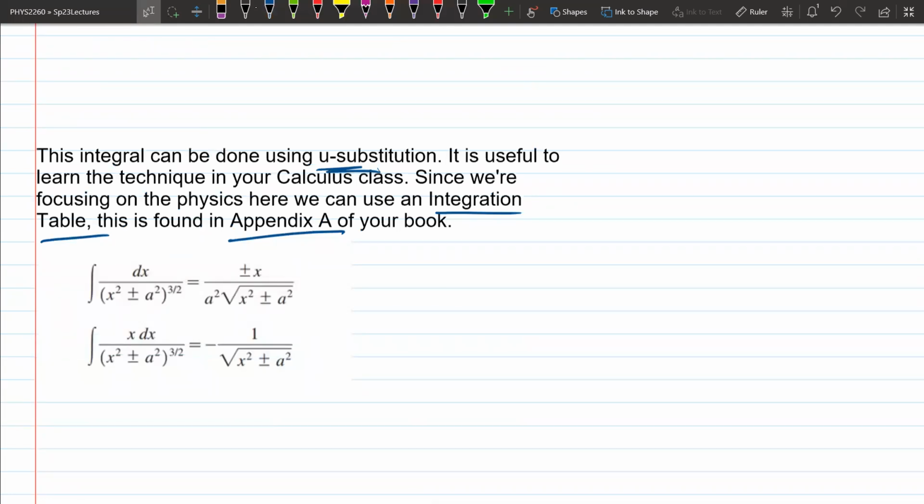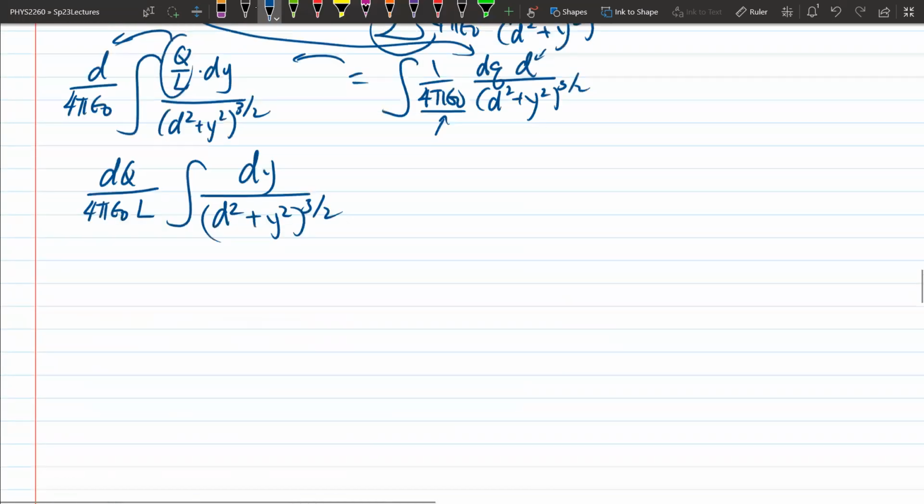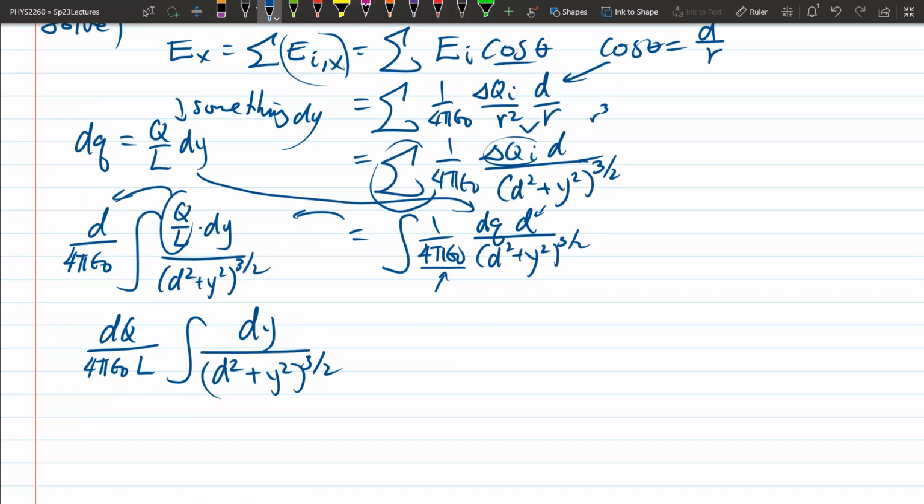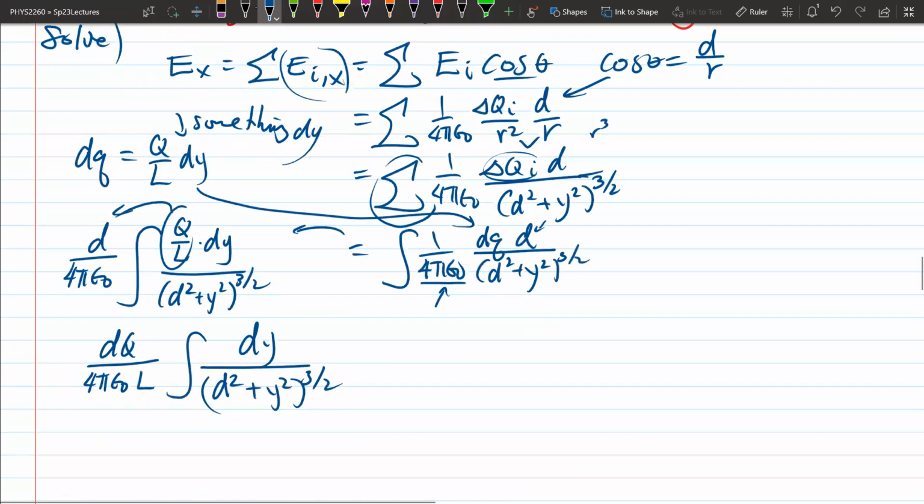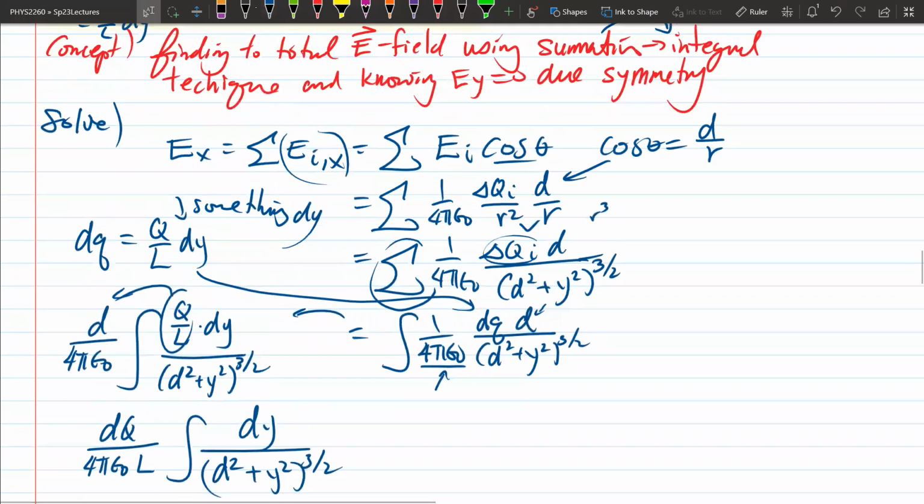There's another one that has an x dx in front, so it has the variable that we're integrating against. I think in this case we don't have that. We don't have a y on top, unless I forgot a y. Let me double check that I didn't forget a y.